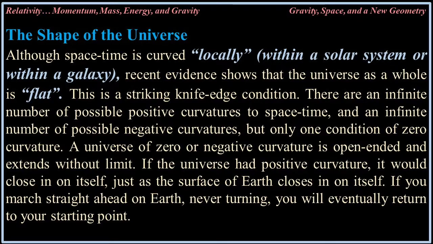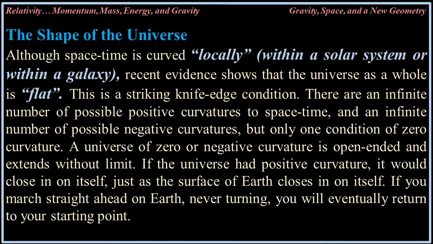This is a striking knife-edge condition. There are an infinite number of possible positive curvatures to space-time and an infinite number of possible negative curvatures, but only one condition of zero curvature.